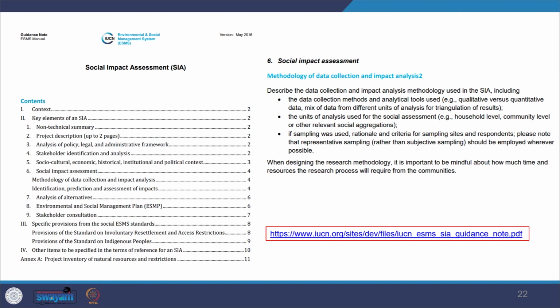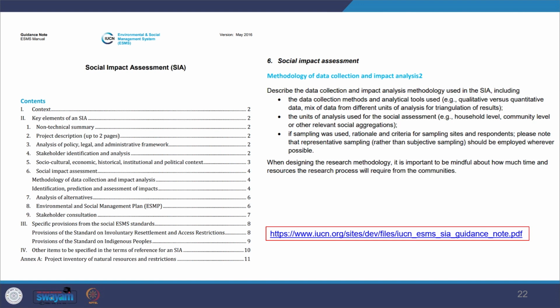When I say triangulation of results, it means trying different methods, looking at different data, drawing conclusions, and seeing whether those conclusions reinforce your finding or not. If from every angle, every approach and method, it points to the same aspect, then you would consider that to be your strong conclusion.